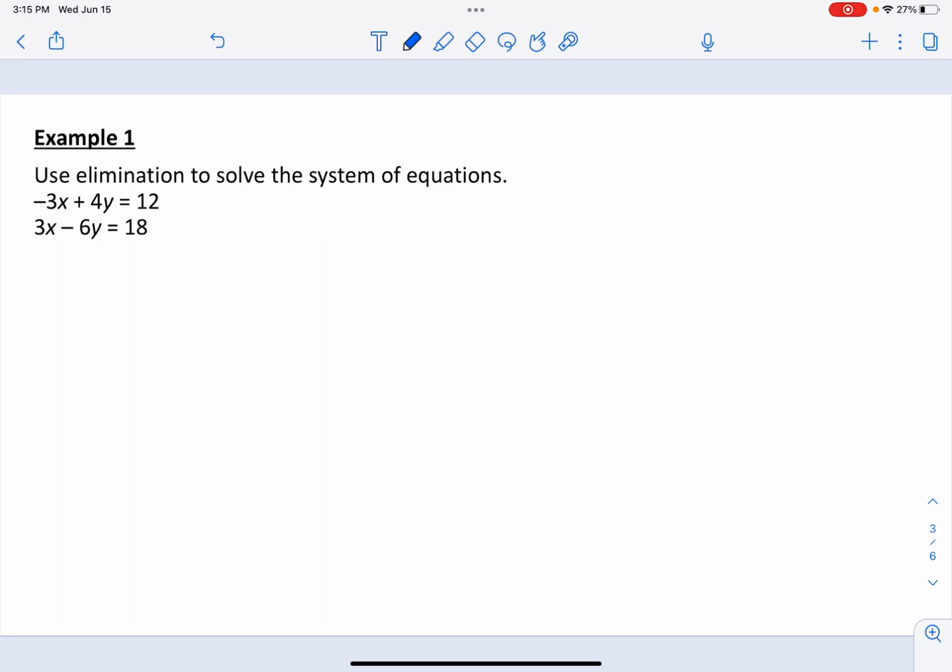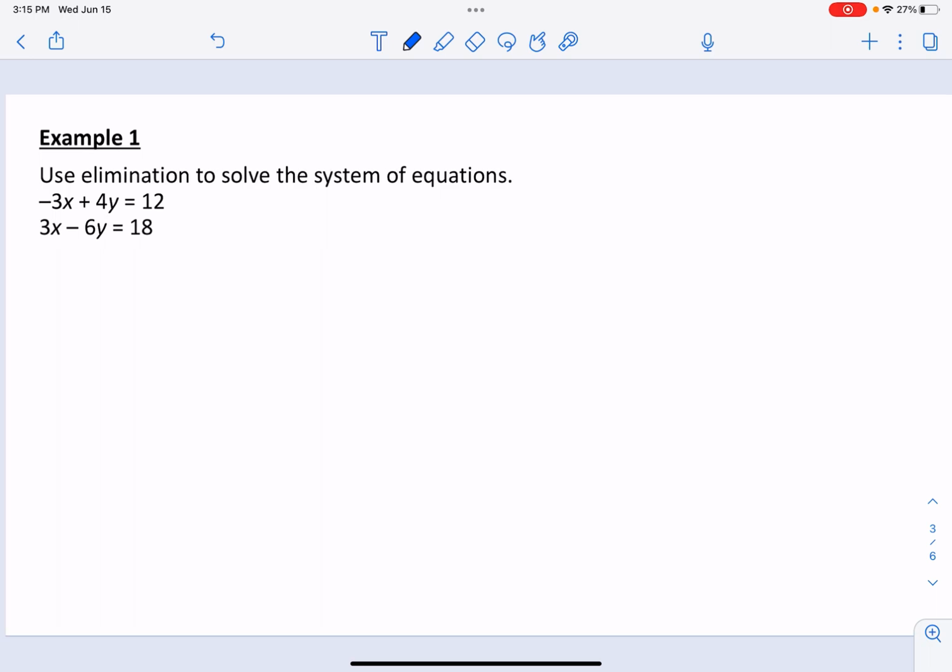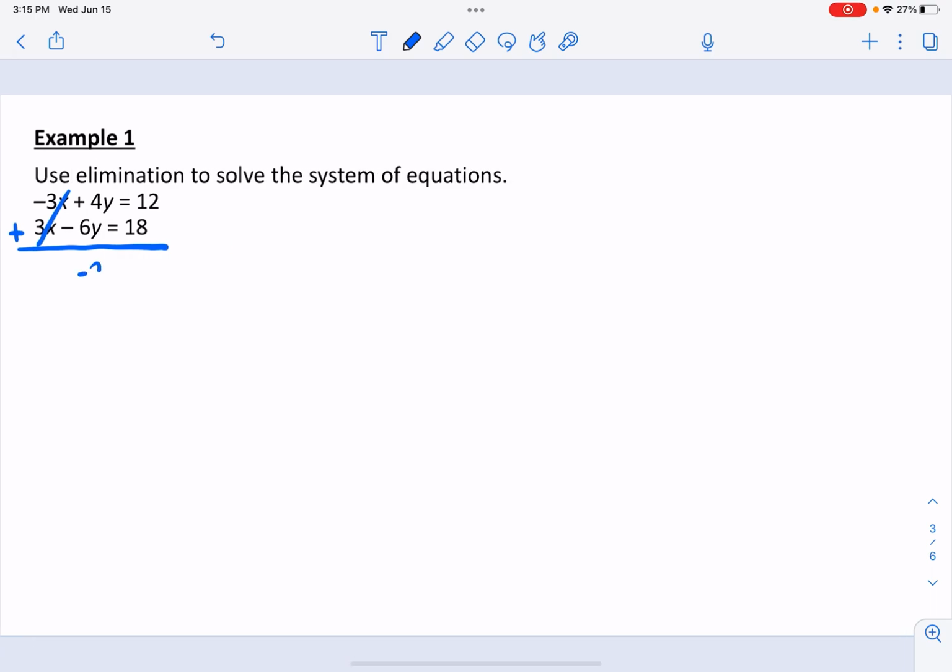In those first two equations, the x's have the same coefficient, 3, but opposite signs. So I can just add these. Negative 3x plus 3x, that goes away. 4y minus 6y, I get a negative 2y. I'm just adding.